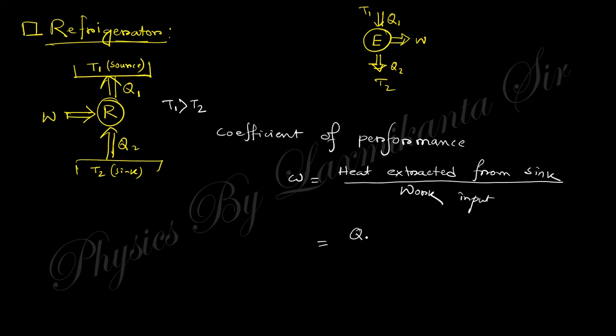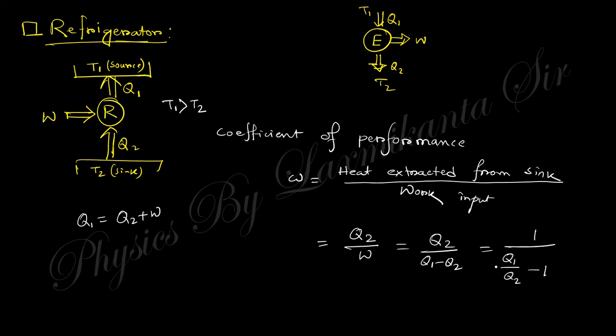So this is Q2 and this is W. And you can see here that Q1 is nothing but Q2 plus W. So W is Q1 minus Q2. If you divide by Q2, that is 1 over (Q1 by Q2 minus 1).